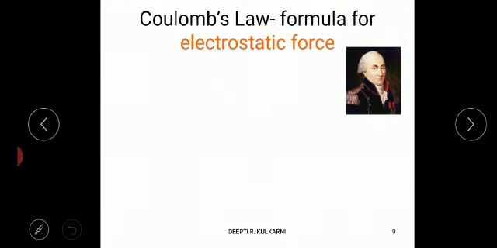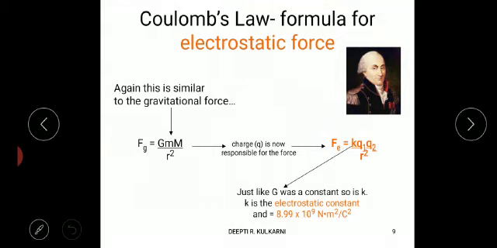Coulomb's electrostatic force. Coulomb discovered this electrostatic force from Newton's gravitational force. According to Newton's gravitational force, force is directly proportional to the product of the masses and inversely proportional to the square of the distance.